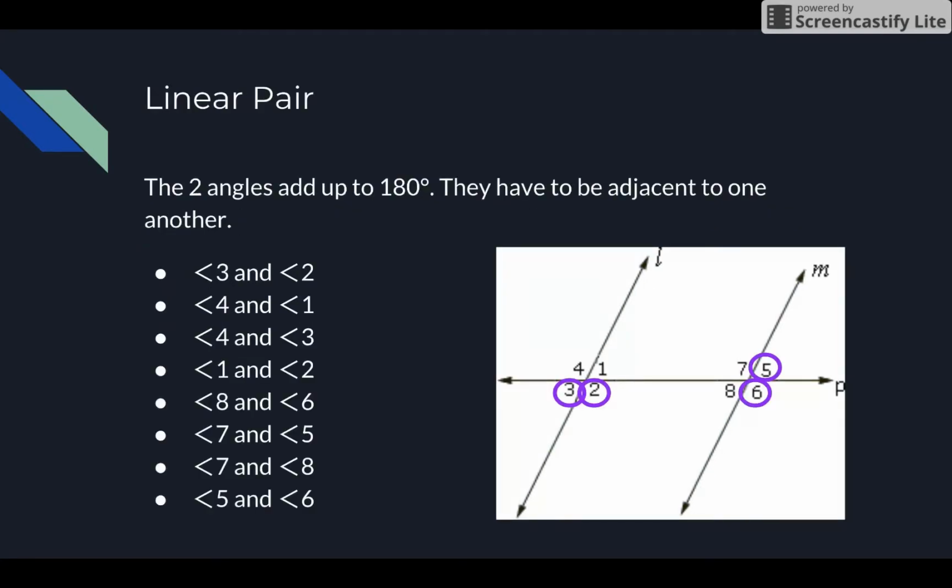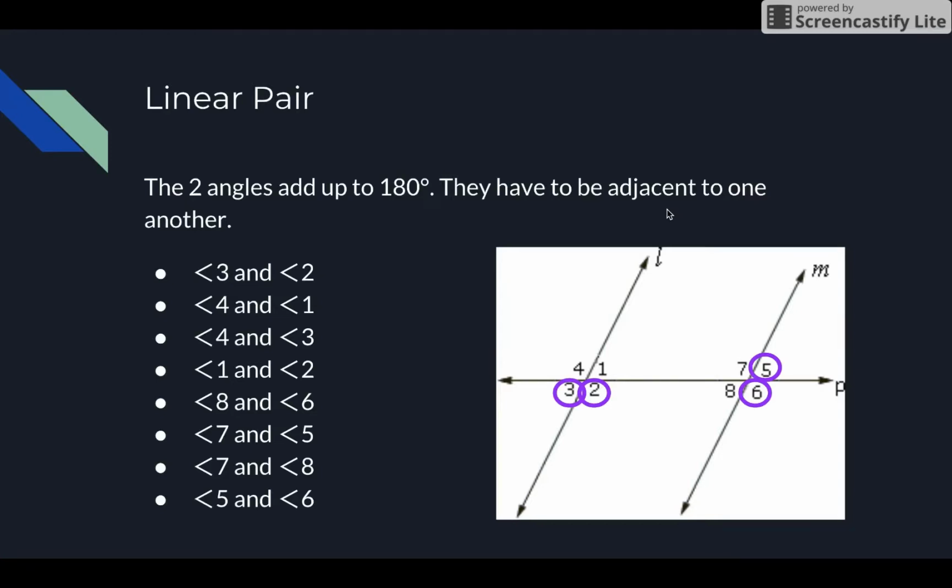The next angle relationship is a linear pair, and this is a bit different from all the other angle relationships we just looked at because they are not congruent. The two angles add up to 180 degrees. In order to be a linear pair, the angles have to be adjacent to one another.